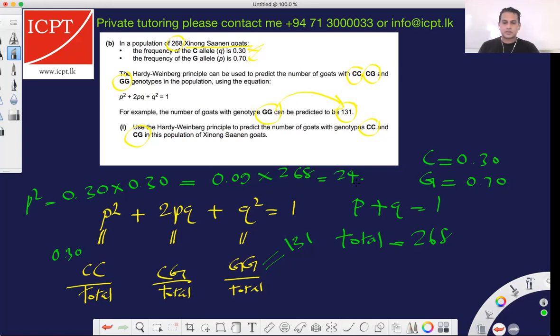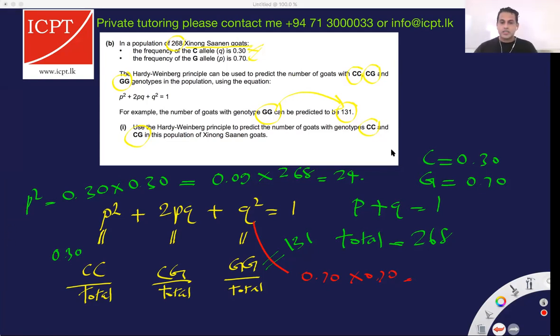And this one, q, is 0.70. If I multiply 0.7 by 0.7, I get 0.49, multiplied by 268.